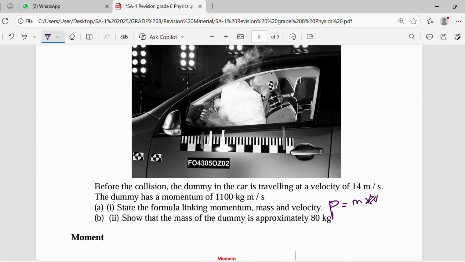So use the triangle method. Hope you remember the triangle method. If you don't, I will draw it here. Momentum P, mass times velocity. Okay, so this is a triangle.